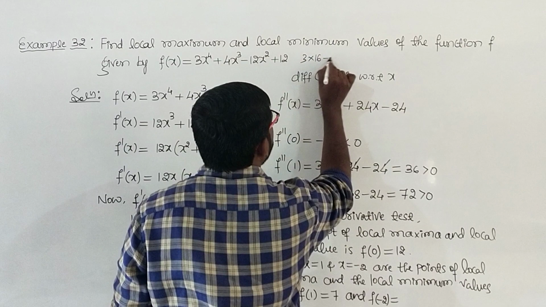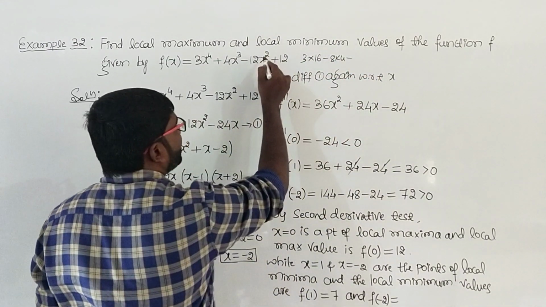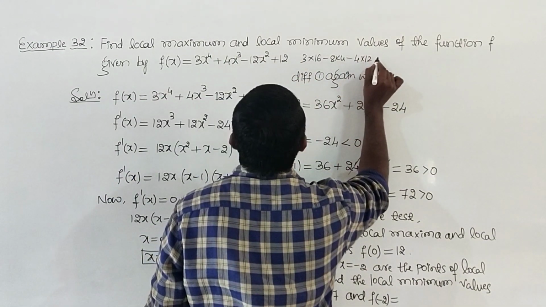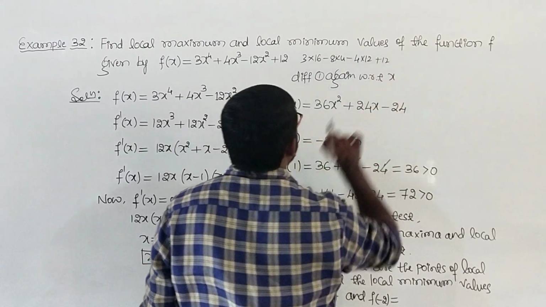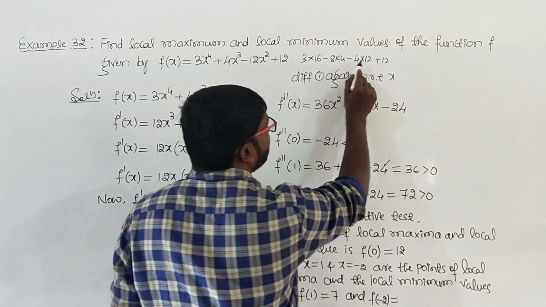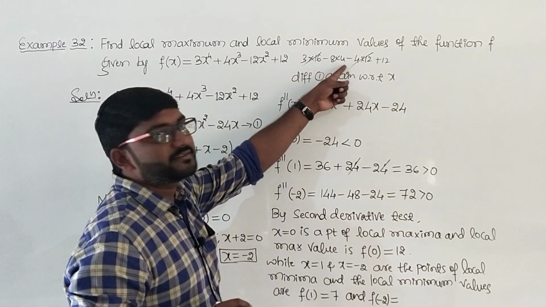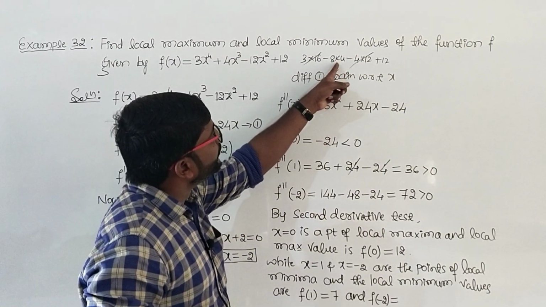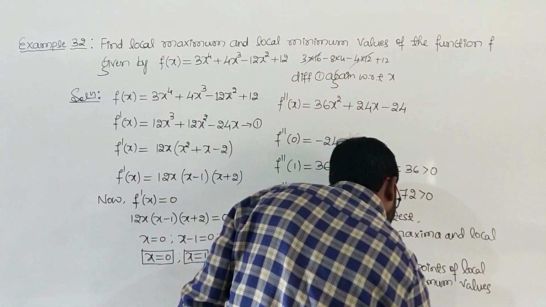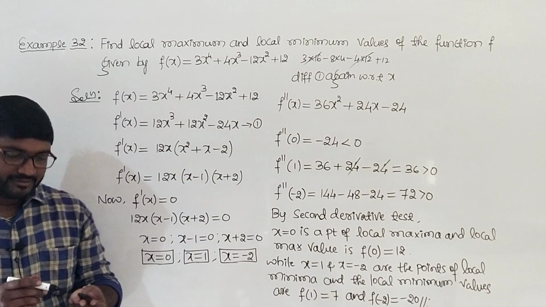So overall you get minus 8 into 4, and then minus 2 square is 4, 4 into 12 plus 12. So how much do we get now? 16 into 3 is 48, and 12 into 4 is 48. These two get cancelled, and then 8 into 4 is 32. So minus 32 plus 12 is minus 20. So you get minus 20. This is all about example 32.